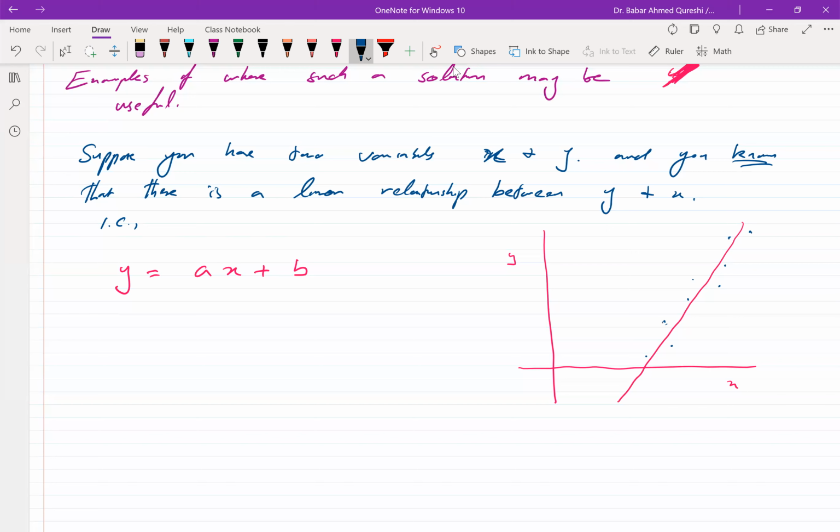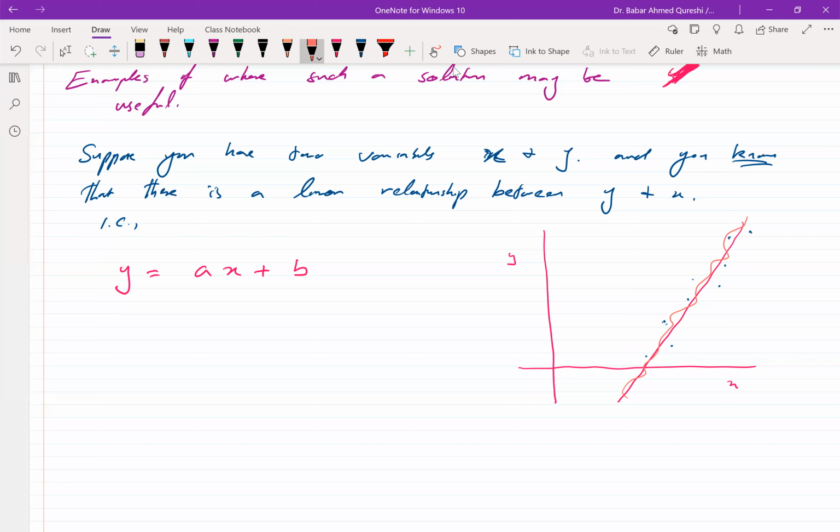Then also, it may not be true that these two variables are exactly related by a line. You are just making a model that these two variables are related by a line. So they may not be related exactly by lines. That's why they are offset. Perhaps the real law is something like this, but you're modeling it with the line.